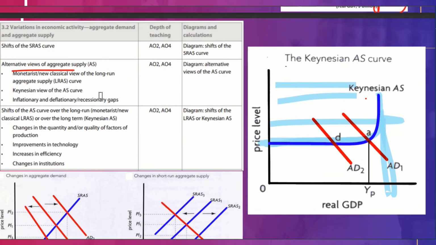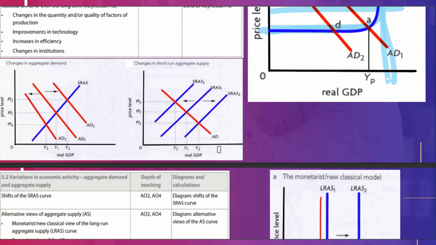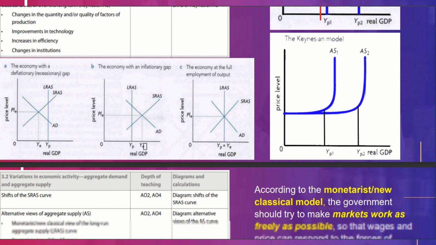Okay, this is the Keynesian view of aggregate supply and inflationary and deflationary gaps. See, in the classical economy, you know that this is the aggregate supply curve we discussed a little earlier, and this is the aggregate demand curve. So the intersecting point is said to be the equilibrium level.